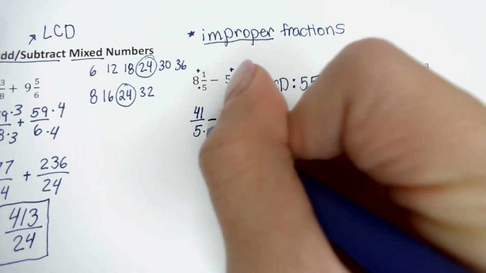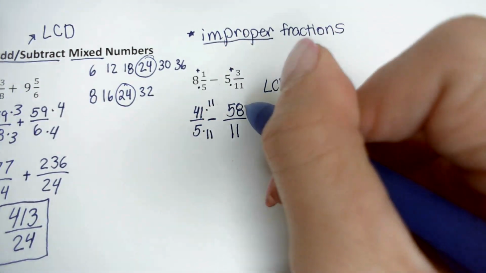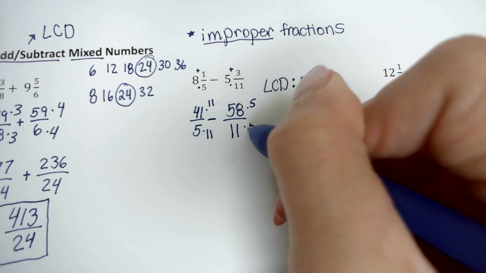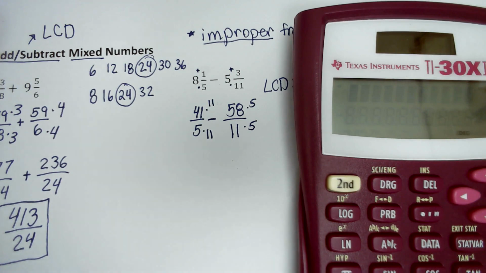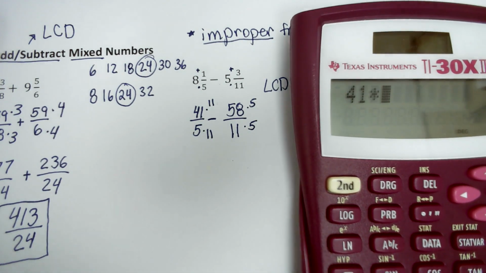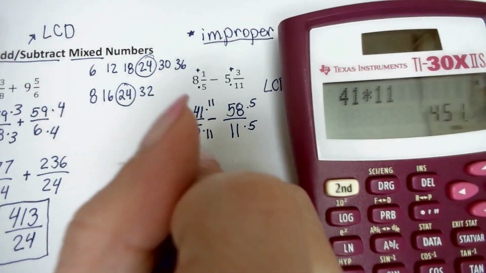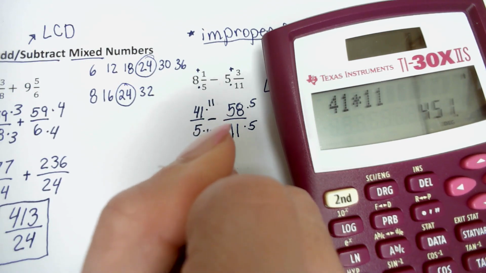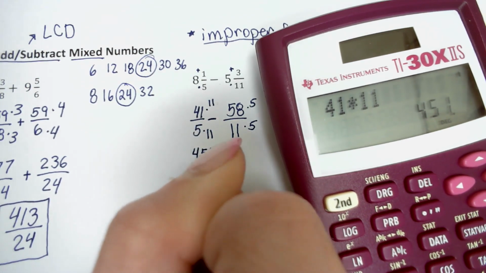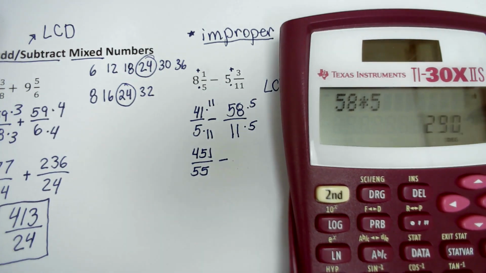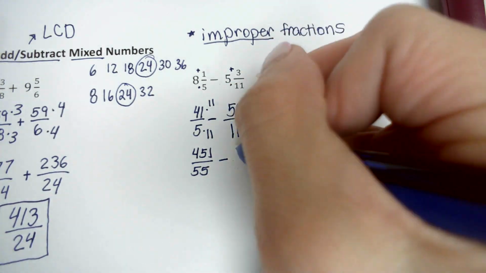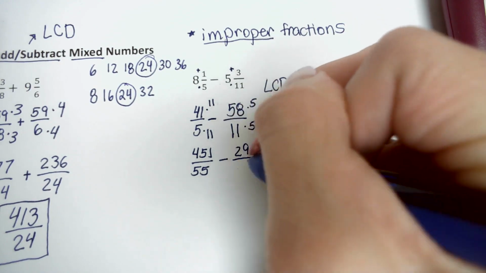So I'm going to multiply this side by 11 and this side by 5. Don't forget, you will be allowed to use calculators on just this section. So 41 times 11, you'll get 451 over 55 minus, and then 58 times 5 is 290 over 55.